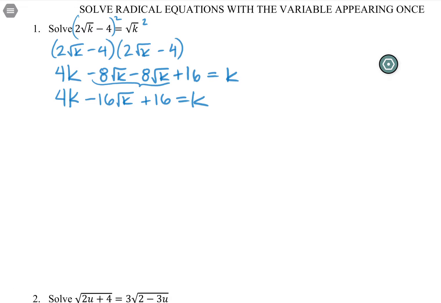So generally my strategy would be, and you will see equations where you have to do this, if you want to get rid of a root, you need to isolate it and then use the power. So I need to work on isolating that root. I'm going to go ahead and subtract 4k and also subtract 16 from both sides.